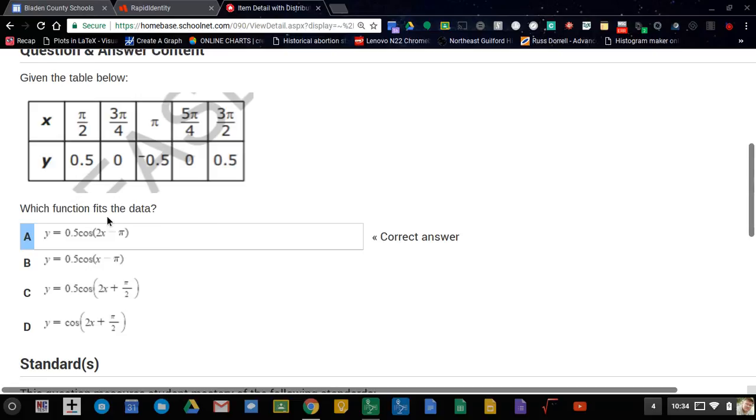Just use pi. Guys, I'm going to go ahead and type in my x and y values. Can you guys do that on your calculator using the pi to type it in? Okay? So we're going to do 3 pi divided by 4, pi, 5 pi over 4, and 3 pi over 2.